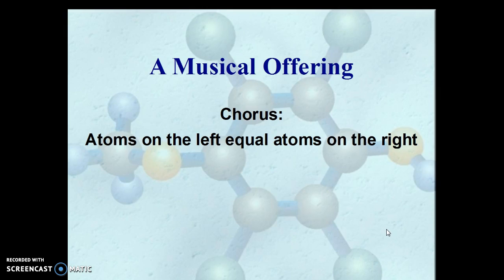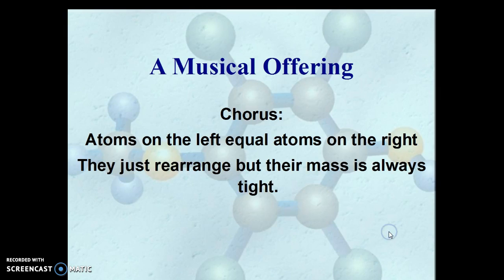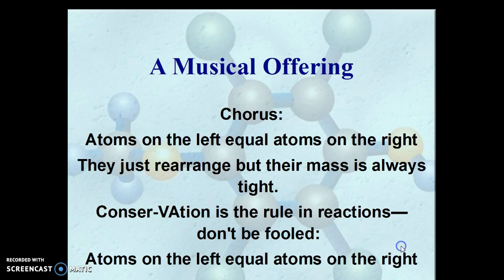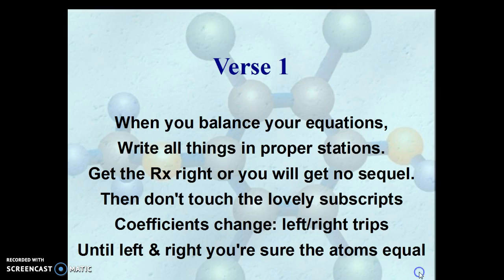Atoms on the left equal atoms on the right. They just rearrange, but their mass is always tight. Conservation is the rule, in reactions don't be fooled. Atoms on the left equal atoms on the right. When you balance your equations, write all things in proper stations. Get the arcs right, or you will get no sequel.